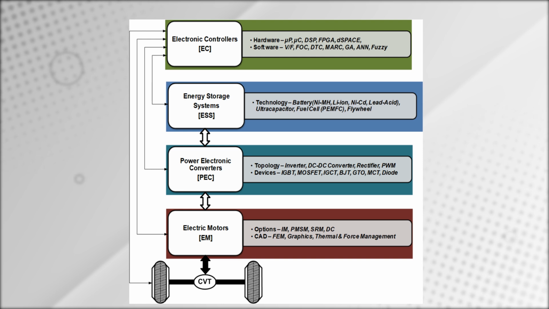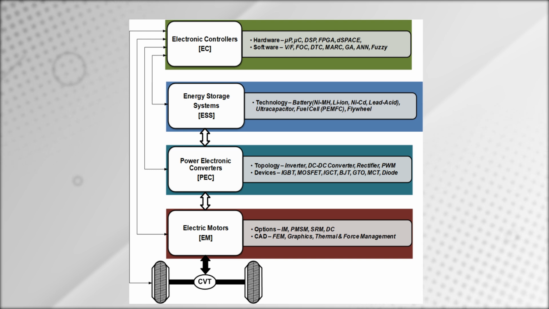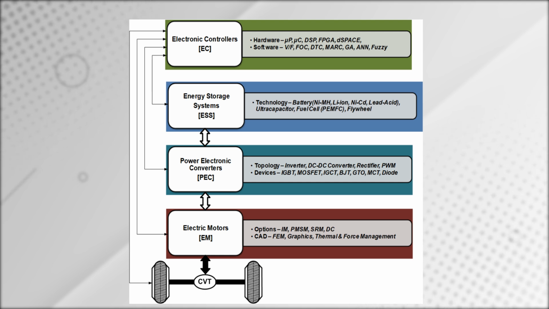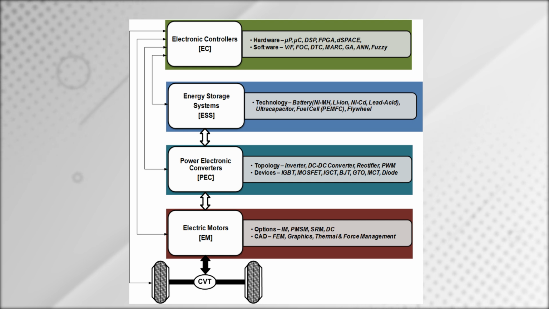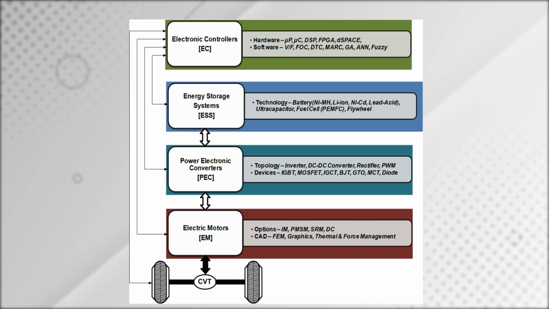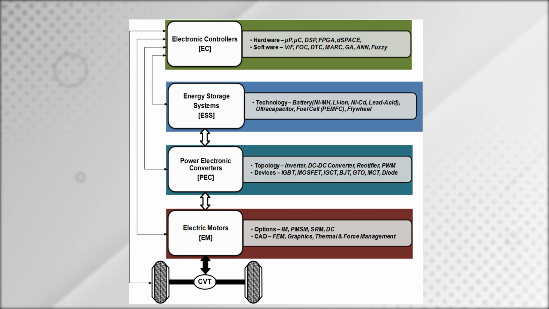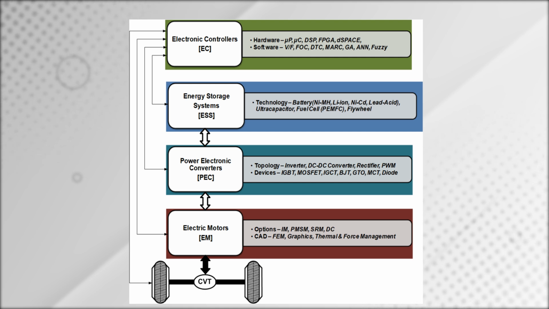If you go for the software, it has different software algorithms to control the driving function of the electric propulsion system, that might include V by F control, field oriented control, vector control, direct torque control, ANN, fuzzy, etc. Another major component is the onboard energy source and storage system.